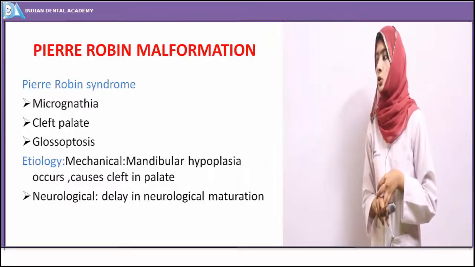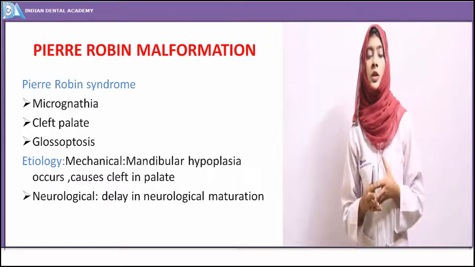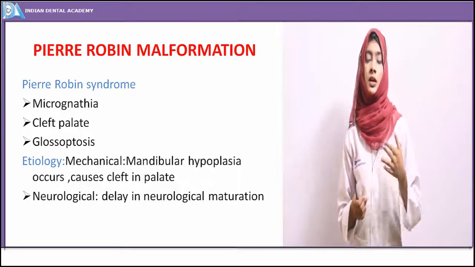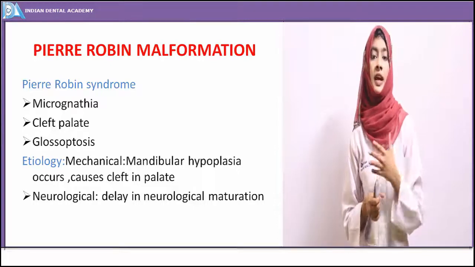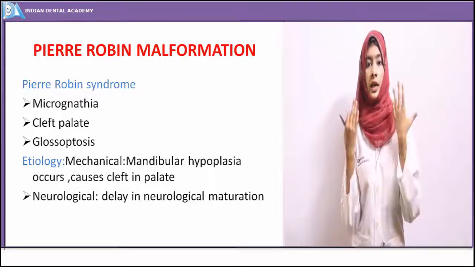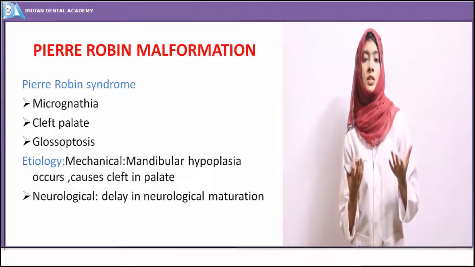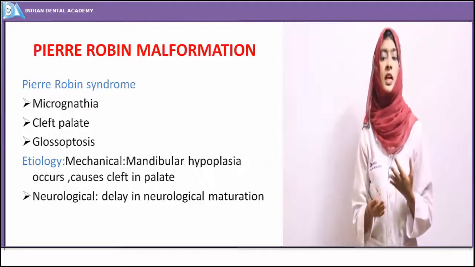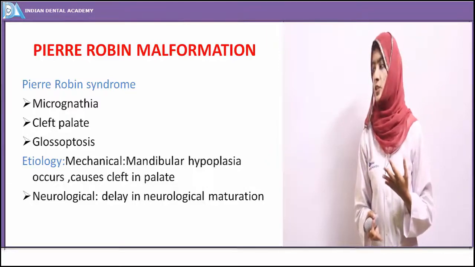That's it. There have been a lot of theories proposed for explaining this Pierre-Robin sequence. The most common or widely accepted one is the mechanical theory, which states that the retrognathia we are seeing is because of the mandibular hypoplasia occurring during embryonic development at about the 7th to 11th week of gestation.